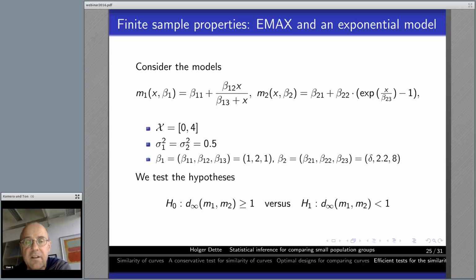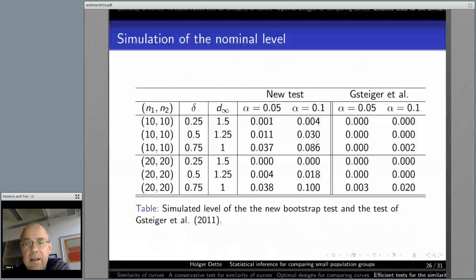We are interested in testing the hypothesis that the maximum deviation between the two curves is larger than or equal to 1 against the alternative that it is smaller than 1. And what you see now here is the approximation of the nominal level.